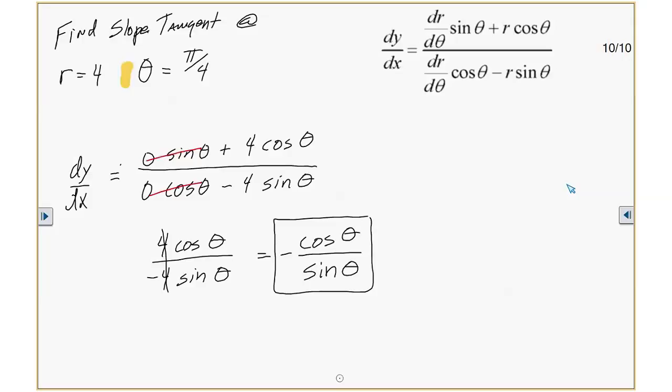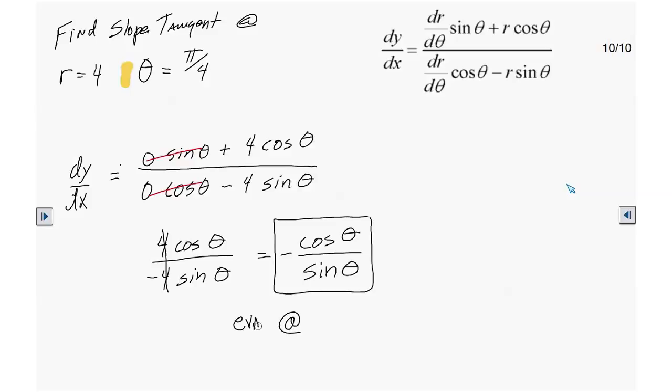That is the slope, the equation of the slope of the tangent line at any point on this curve. Well, that goes back to your first rule of identities. Always put it in the form of what? Okay, evaluate at pi over 4.